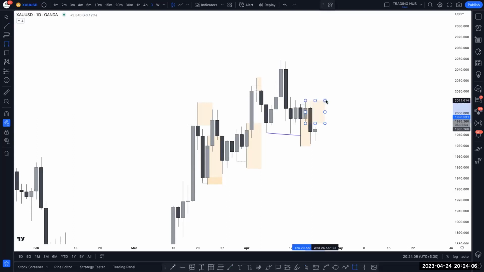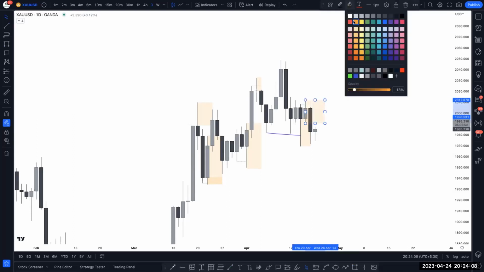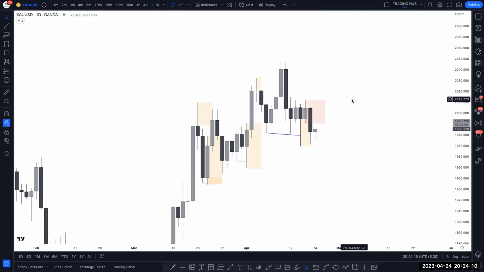So we can sell here. It means as a probability, if the market mitigates this order block, then we can expect a downside move. And this one is a mitigation. Tap here, and then we can see a short-term move to the downside, right?